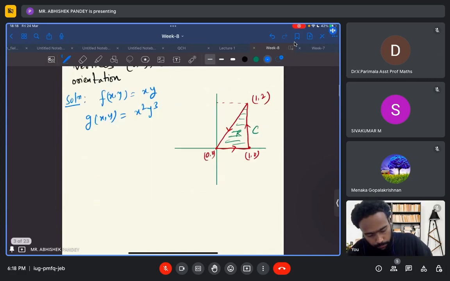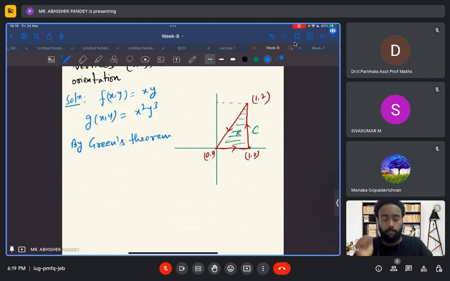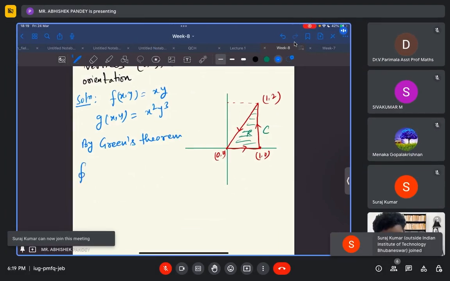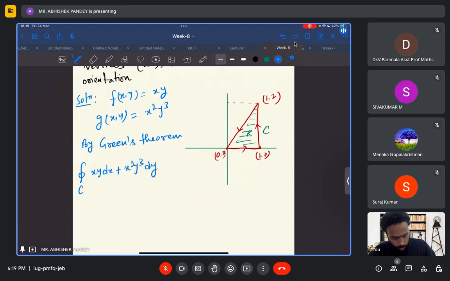So by Green's theorem, the integral over C of xy dx plus x square y cube dy is changed to the integral over R of del g by del x minus del f by del y dy dx.